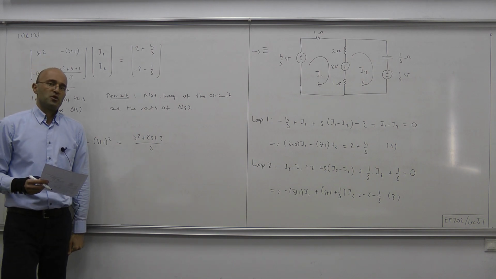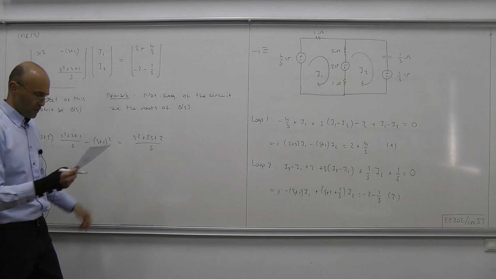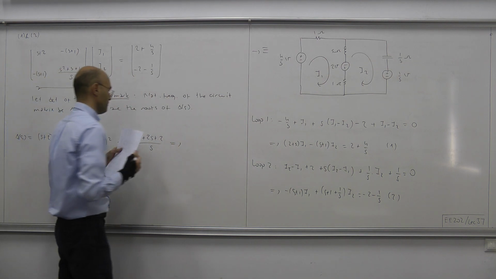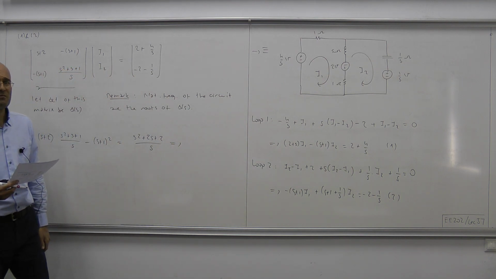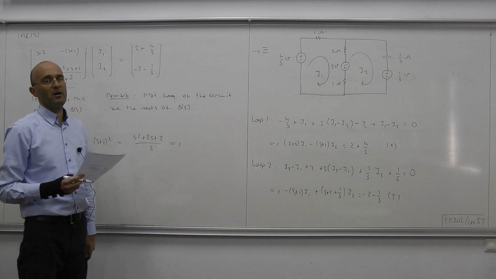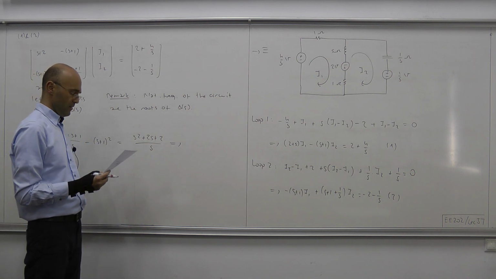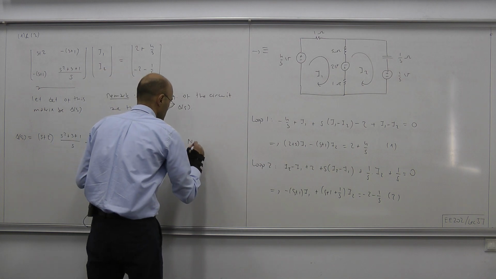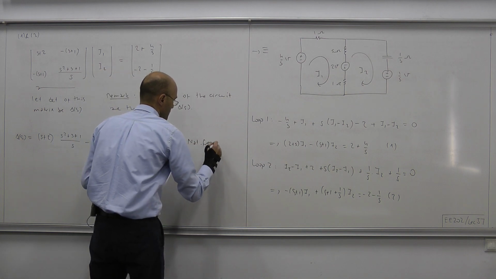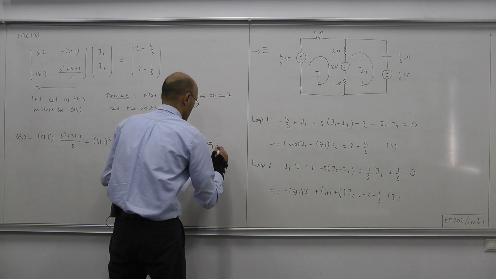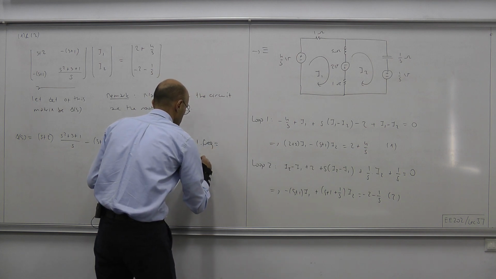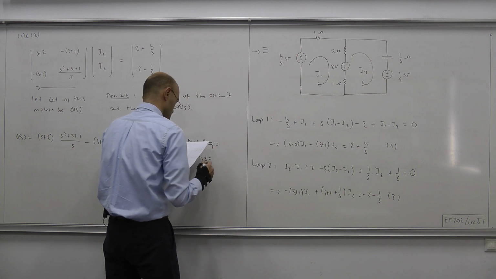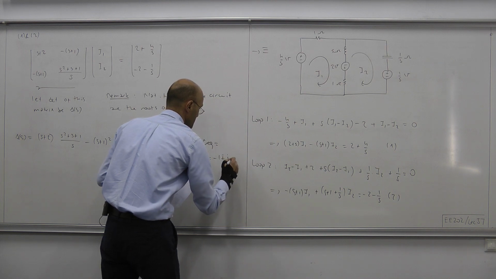You figure out its roots, and the roots are the natural frequencies of the circuit. The roots turn out to be minus 1 plus and minus j, a complex conjugate pair. Therefore, the natural frequencies of our circuit are S1,2 equals minus 1 plus or minus j.